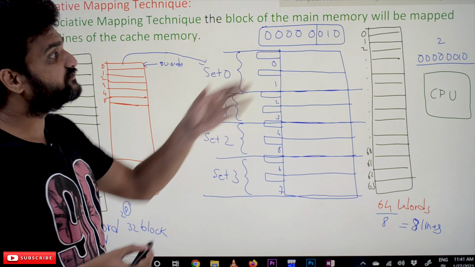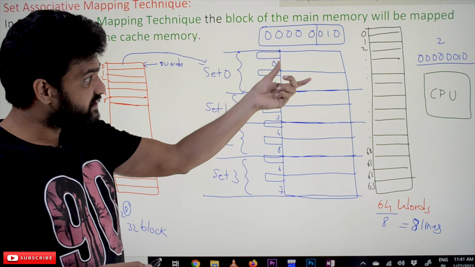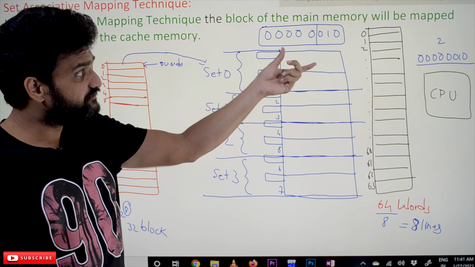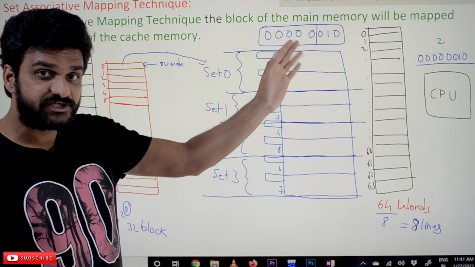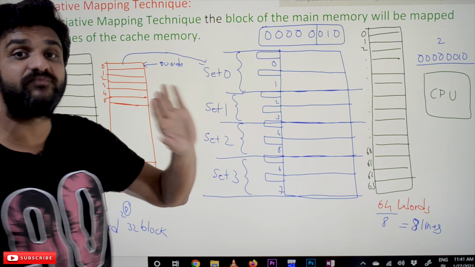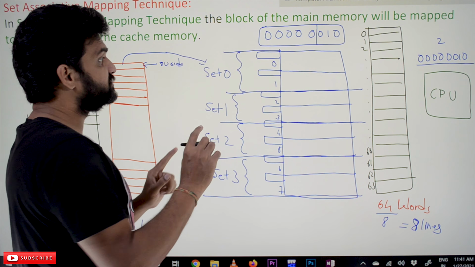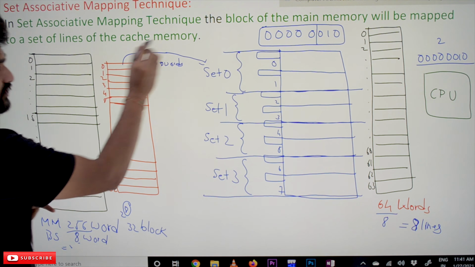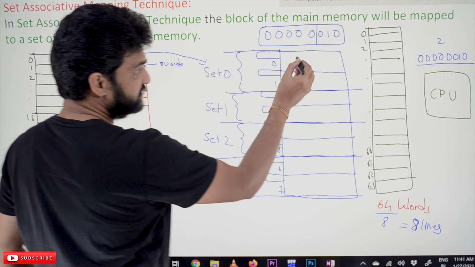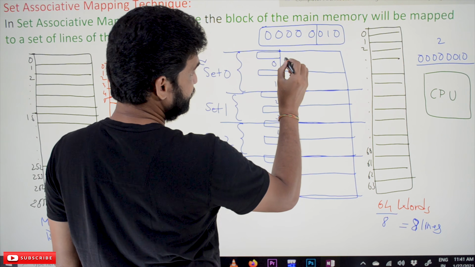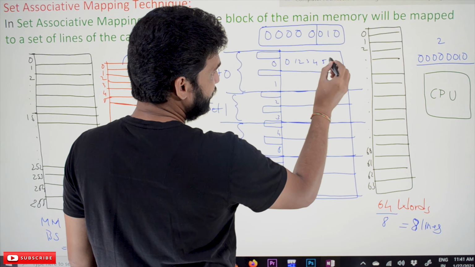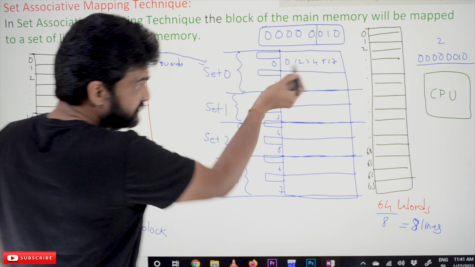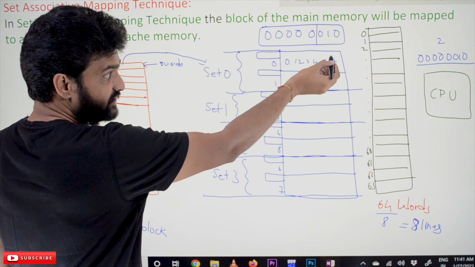The line offset states where, within the line, that particular word is present. Each line consists of how many words? For example, if the 0th block is present on the 0th line of the cache memory, it is going to have words 0, 1, 2, 3, 4, 5, 6, 7.